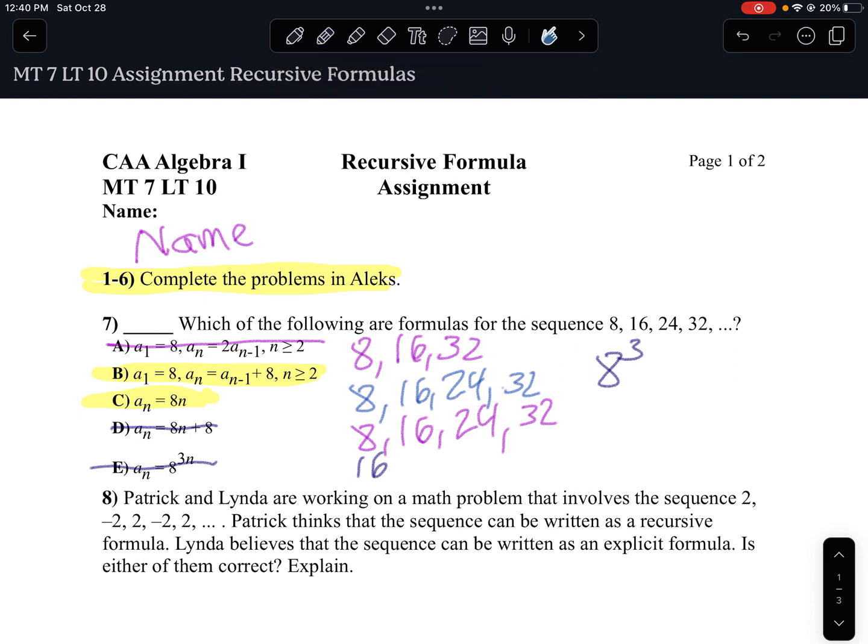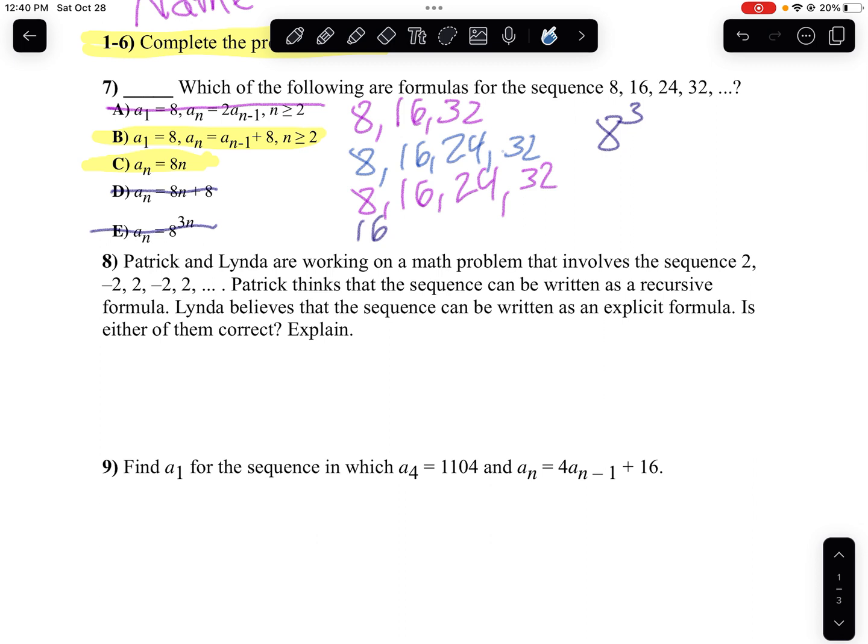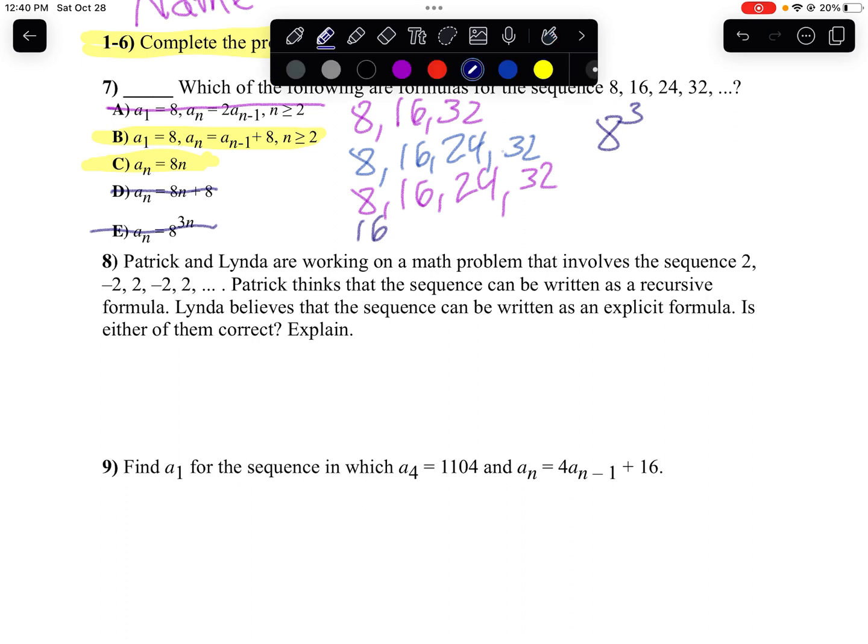On question number 8, I want to know which of these two people, Patrick or Lydia, is correct. Well, when we look at it, they're both correct. You can write a recursive and an explicit.